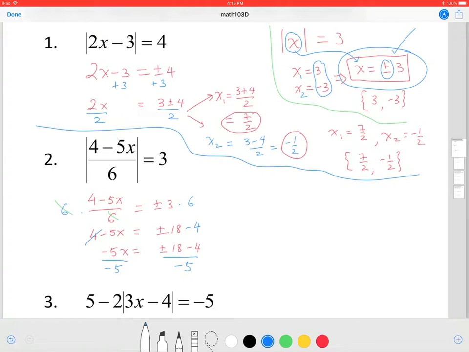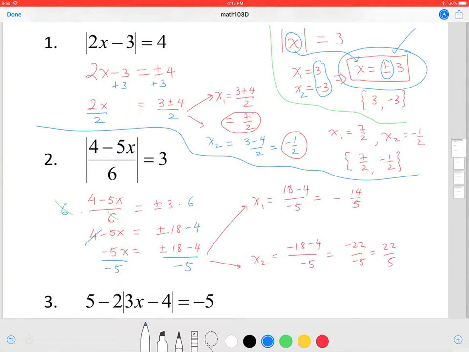That's going to give us two solutions. First, x1: I take the positive 18 minus 4 over negative 5, which is negative 14 over 5. Second solution, negative 18 minus 4 over negative 5, which is negative 22 over negative 5, or 22 over 5.